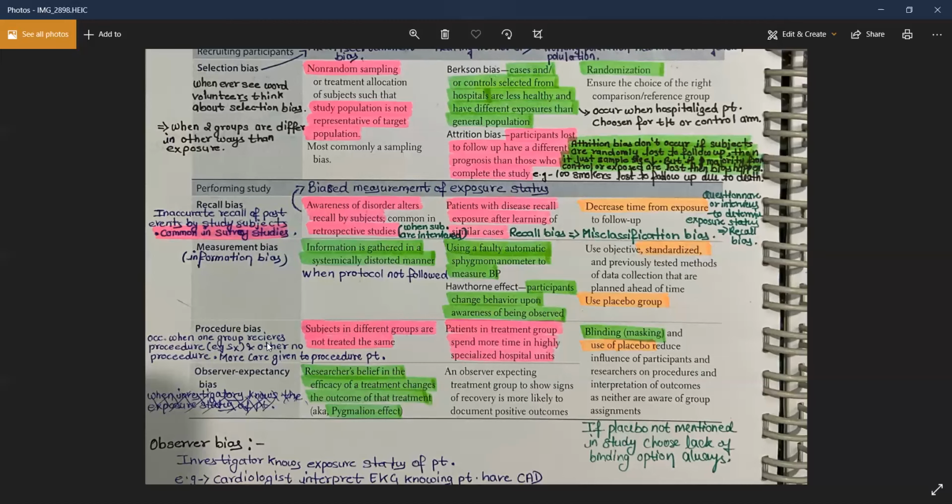Let's say the drug was not working at all, but because of the massages and the physiotherapy, their pain is reduced. Now it will make the study look like the drug is actually working, but it was not the drug, it was the massages and the physiotherapy that were working originally. So this will bias our results to one side.